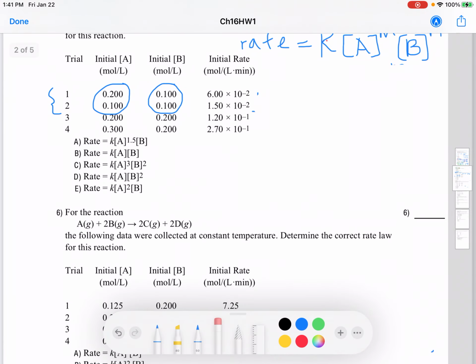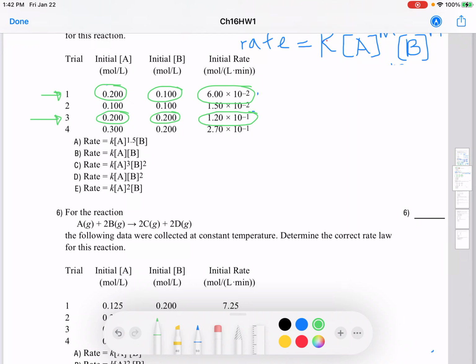So what do you think we should use? Concentration of A constant and concentration of B changes. So we can use 1 and 3, where the concentration of A is constant and B is changing, and we take these 2 data. So what are we going to do?